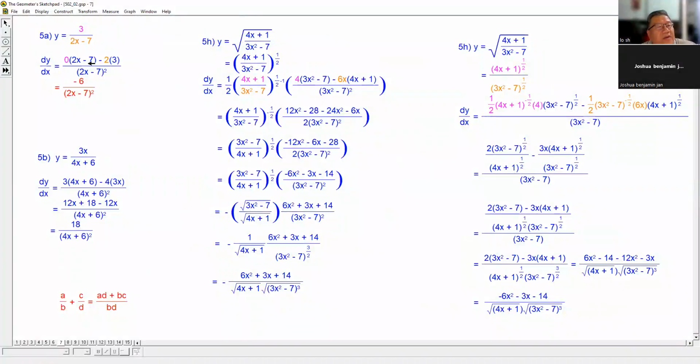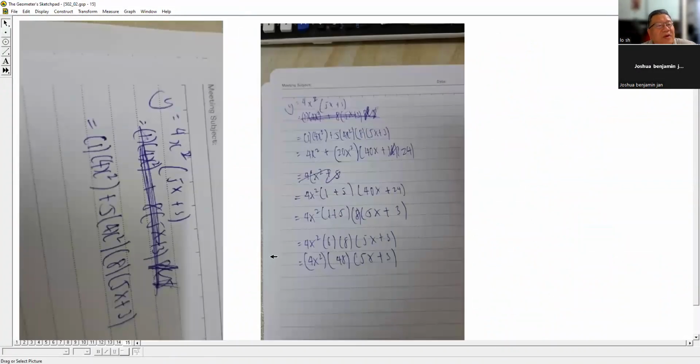What is this? This is also the quotient. This is very complicated, right? Now, we look at 5A. Okay, it disappeared already. I deleted the question. Never mind.